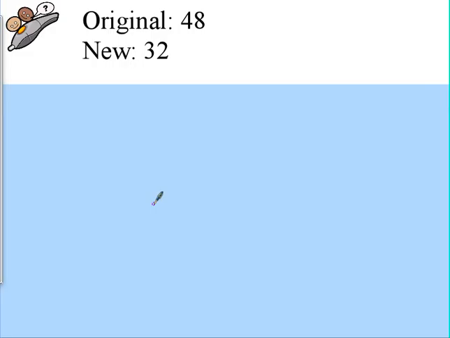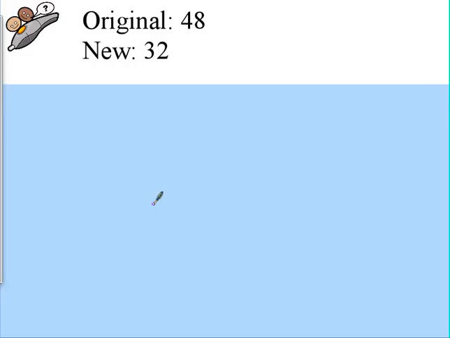Now, if you get a decimal here, I just want you to round to the nearest whole percent. Okay? So just go ahead and round to the nearest whole percent.